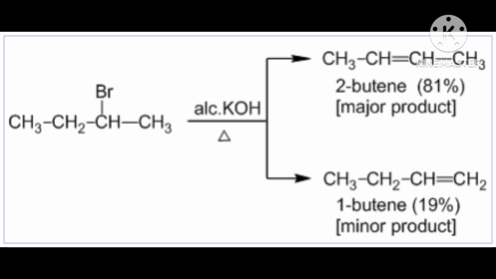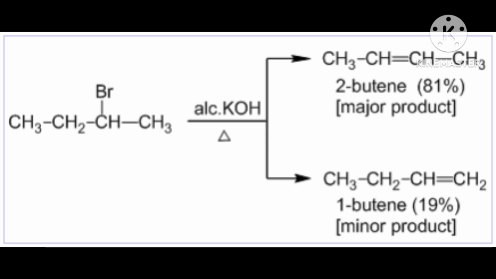From the alpha carbon, 1 hydrogen, and Br is on the second carbon. Then H will go leaving the electron, and Br will go by taking the electron. Hence a double bond will be formed.